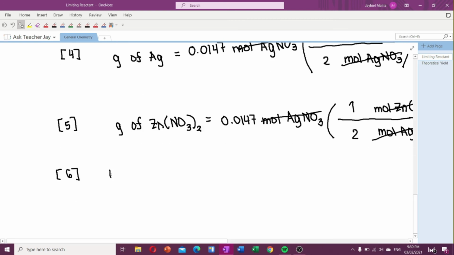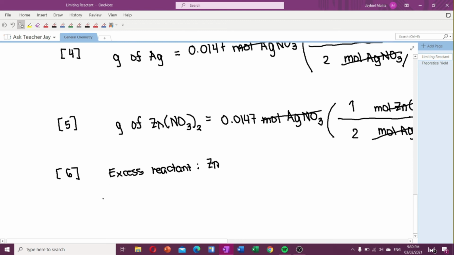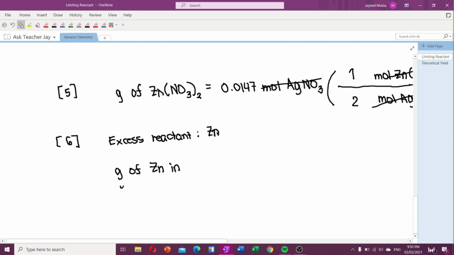So let's write excess reactant, just for us to really remember that fact, we have here zinc. To solve for the amount of zinc that is in excess, grams of zinc in excess.